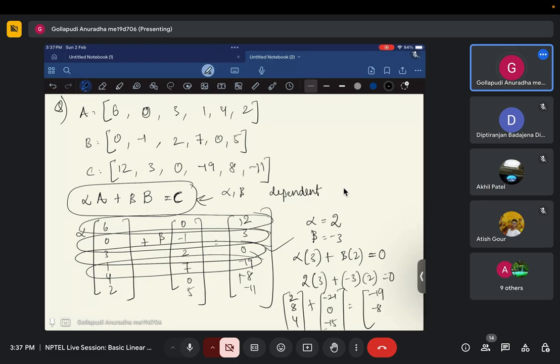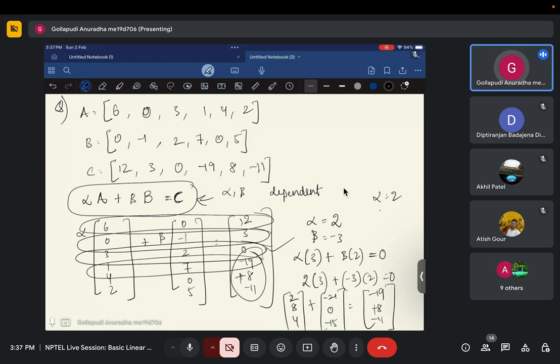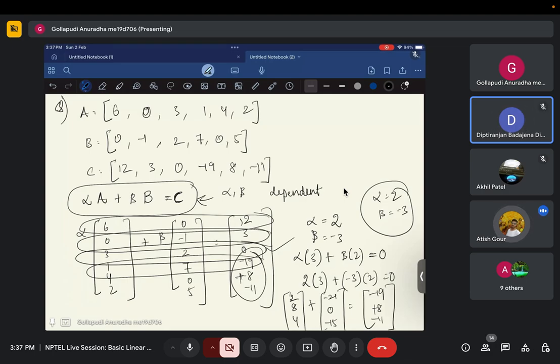So this is 8. So alpha is 2 and beta is equal to -3. So whether this is linearly independent or dependent? Yeah, so they are linearly dependent.